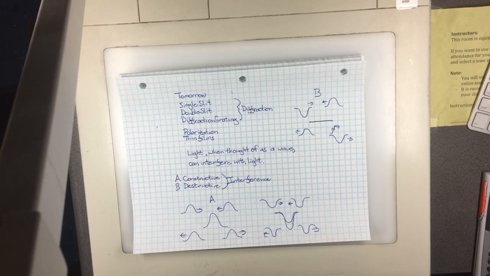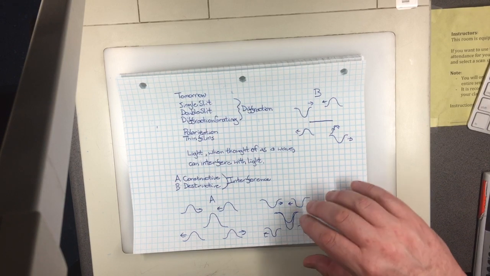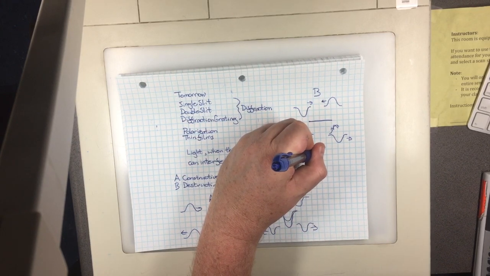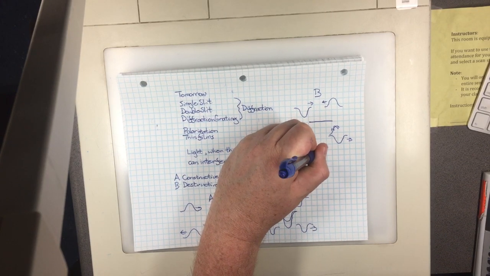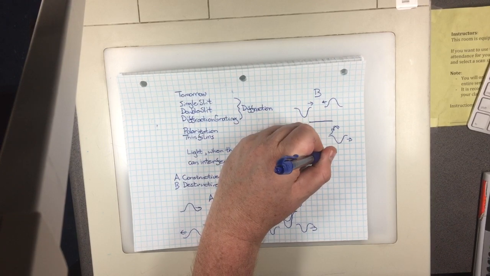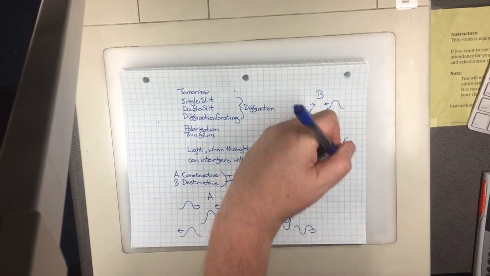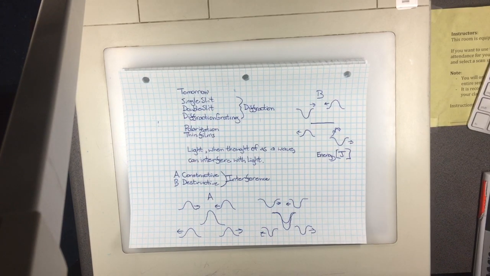And the one thing that we'll talk about, we're familiar with energy, which is measured in joules. So kinetic energy, energy from the sun, that kind of thing.